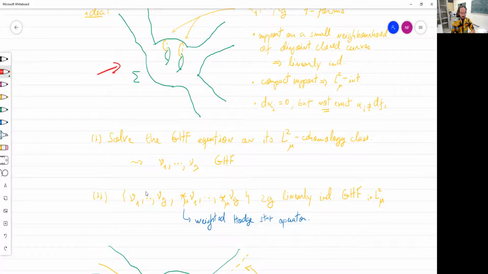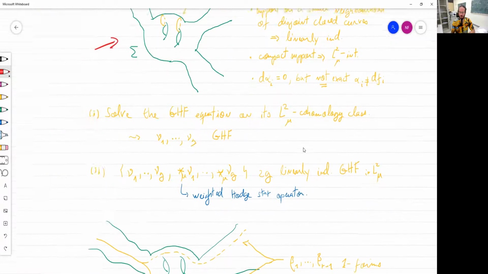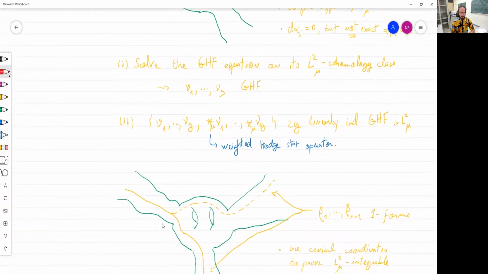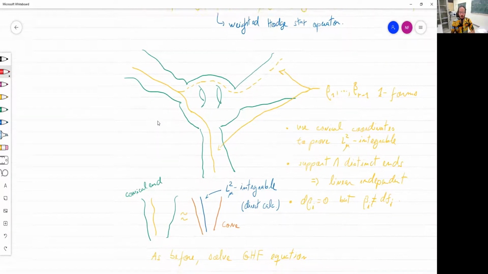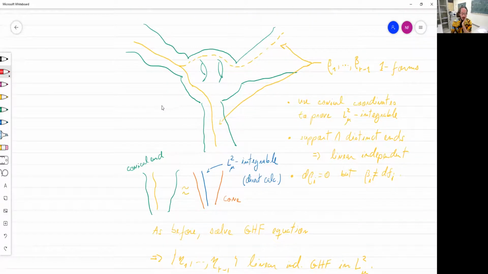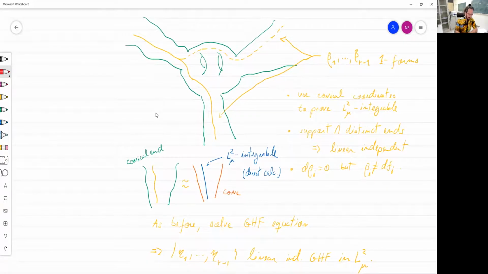Of course, if these ones are Gaussian harmonic, then if you put the weighted Hodge star operator, they're also Gaussian harmonic. It's with respect to the L2 weighted product.